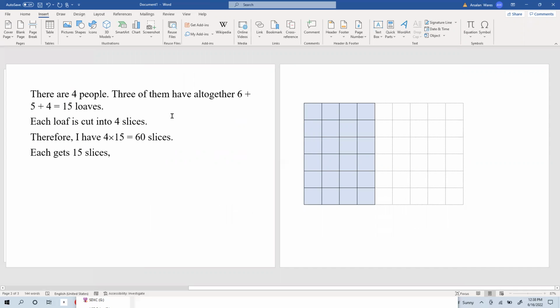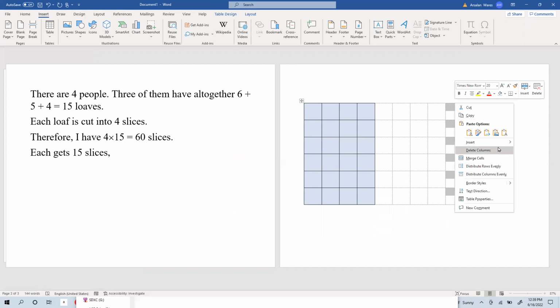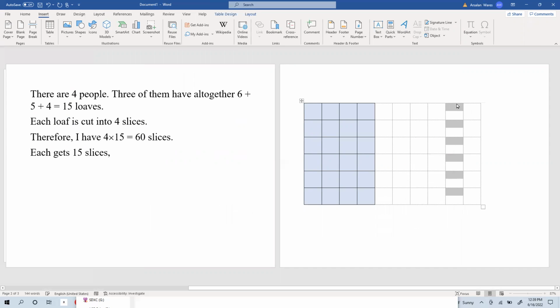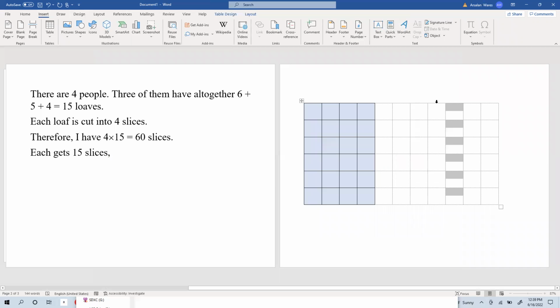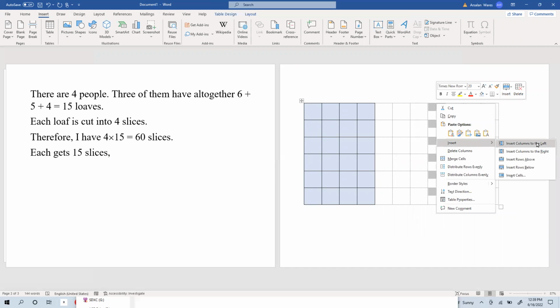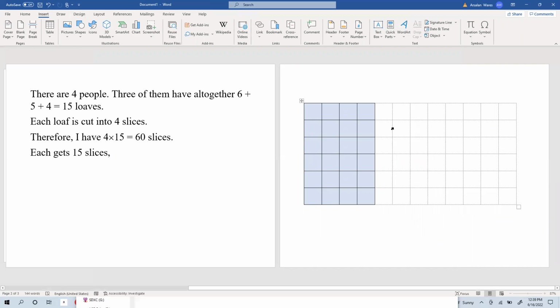Then the second person has 4 loaves. Give me 1 second. I need to expand it a little bit. Okay, the second person has 5 loaves.